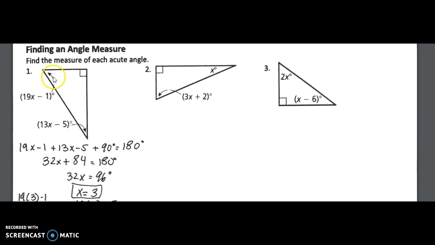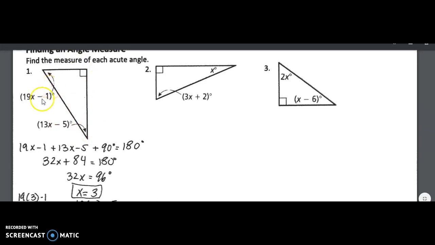This angle here with the arrow is 19x minus 1. This angle here with this arrow is 13x minus 5. So if I have all 3 interior angles represented, I can add them together. 19x minus 1 plus 13x minus 5 plus the 90 degrees from this given angle is equal to 180 degrees.